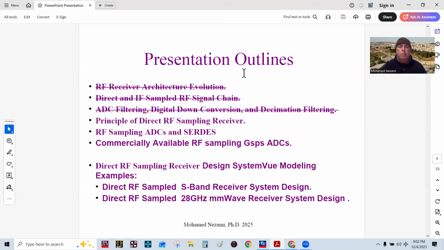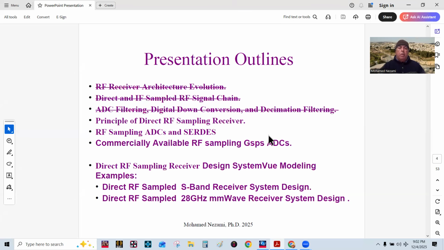Okay, so this is the outline of parts one, two, and three. Previously we have covered these concepts in here. Today I'm just going to go further into the principles of the direct RF sample receiver, and then look at the ADCs and SERDES associated with them that are available commercially.